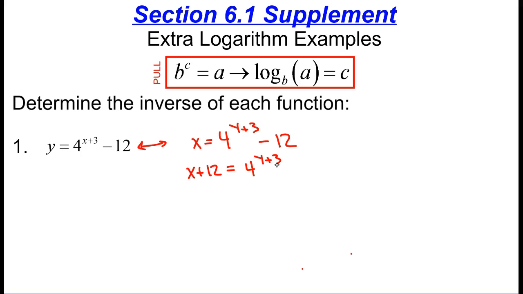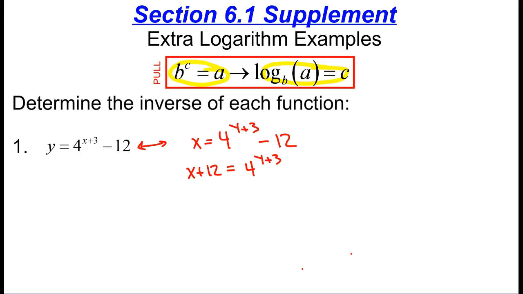So right now I'm kind of stuck because the y is contained up in that exponent there, and I'm not sure how to isolate it unless I go back to the idea up at the top of the paper here, where it says if b to the c equals a, I can rewrite that as log base b of a equals c.